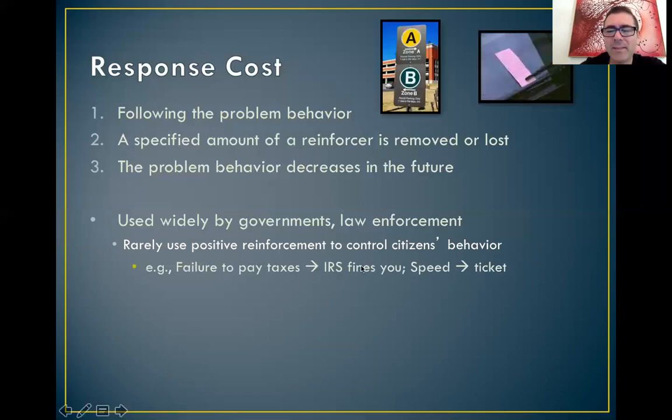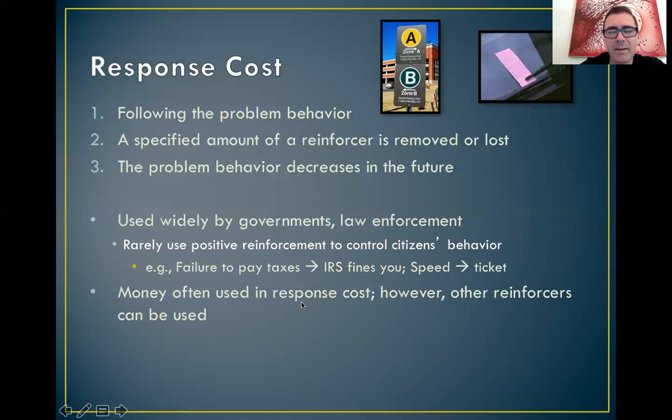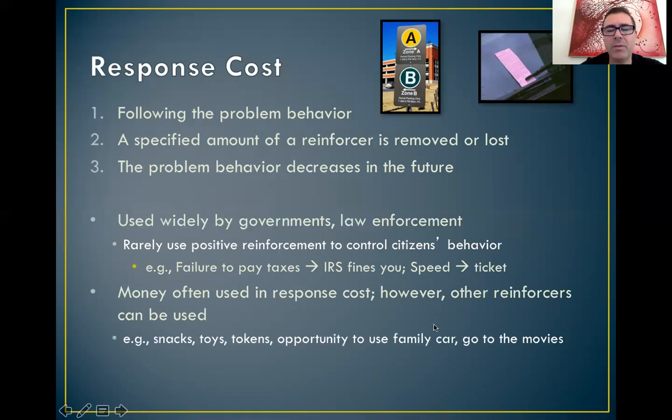So again, we gave some of those examples already. And money is often used as the response cost, but other reinforcers can be used. So, parents might remove, like, hey, you're not going to be able to have your Swedish fish or whatever, your snack, or I'm going to take the toy away, or the video game away, or if people use token systems, or stickers. I mean, typical kids usually use stickers, right?